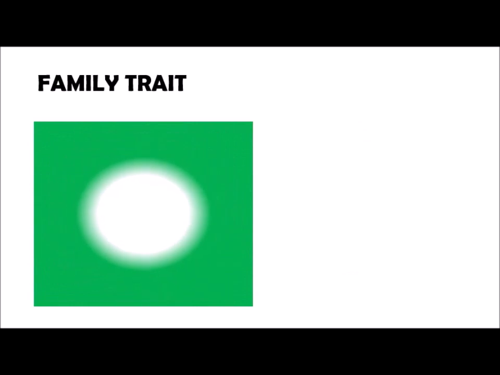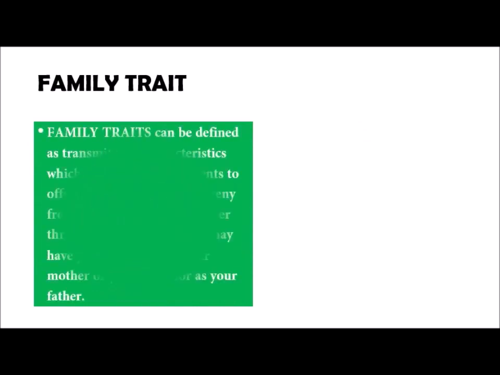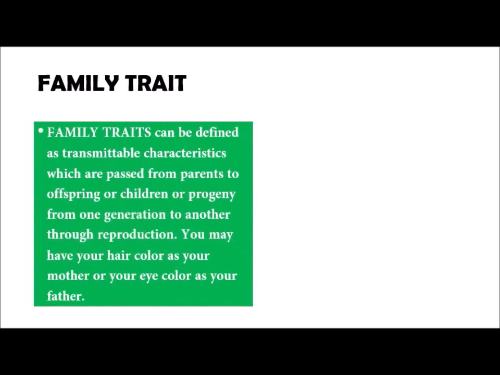Let us look at family traits. Family traits can be defined as transmittable characters or characteristics which are passed from parents to offspring, children, or progeny from one generation to another through reproduction.